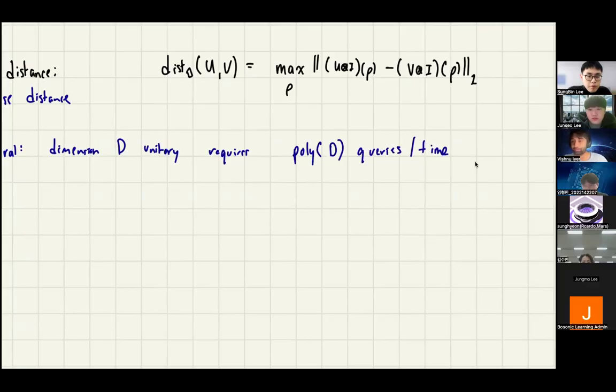What do I mean by time? The time is the time it takes to construct these measurements and the time it takes to post-process these measurements. Okay?